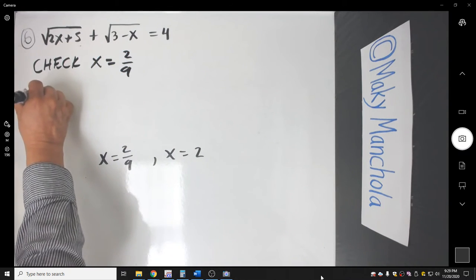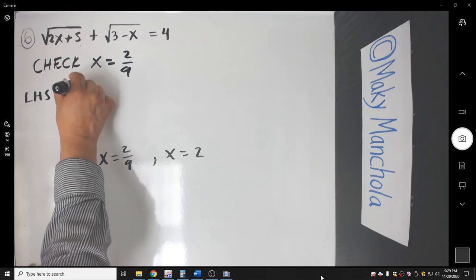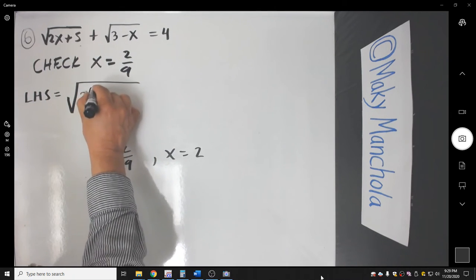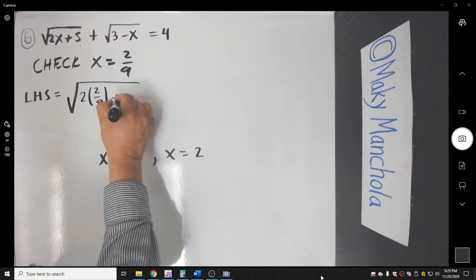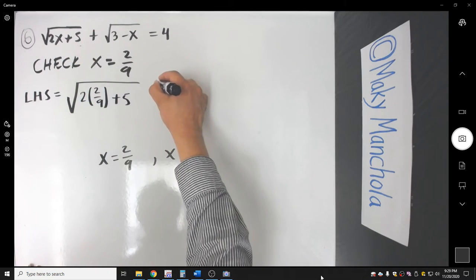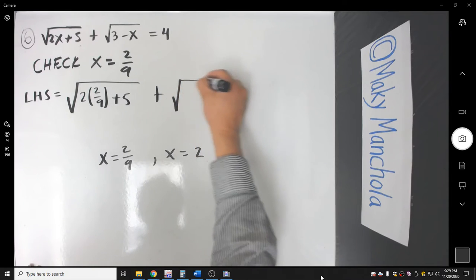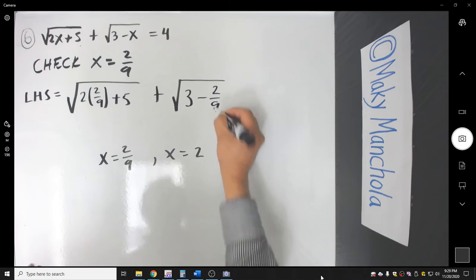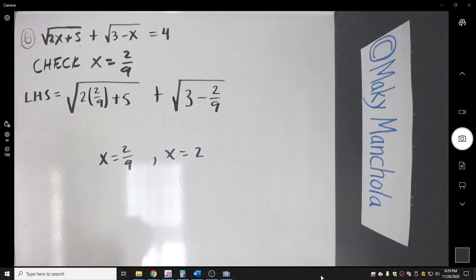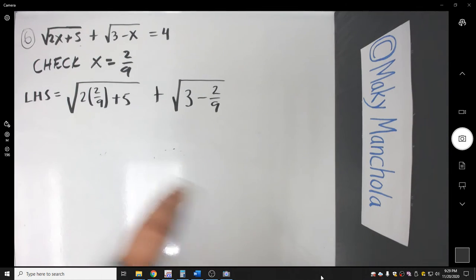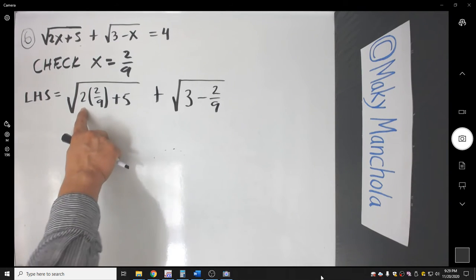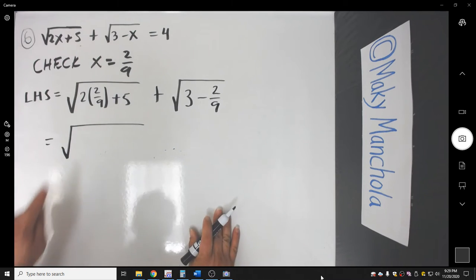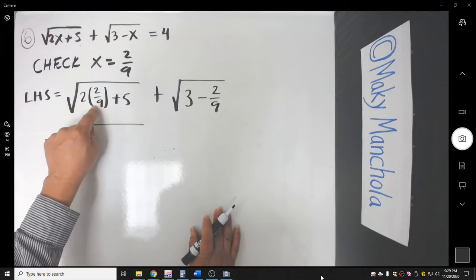Okay, so left hand side is the square root of 2 times 2 over 9 plus 5 plus the square root of 3 minus 2 over 9. Okay, arithmetic inside the radicals has to be done first. So what's the result of 2 times 2 over 9 plus 5?